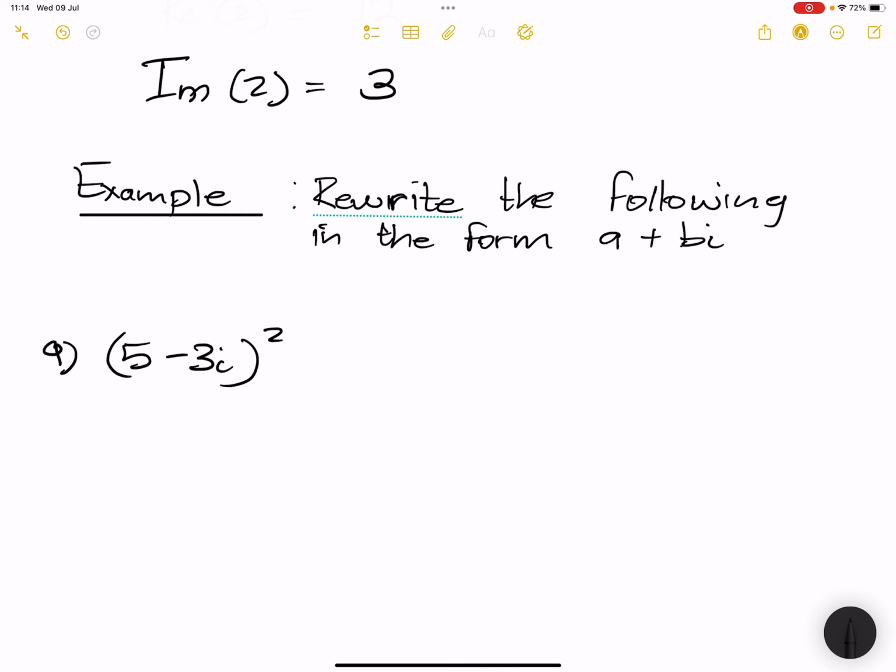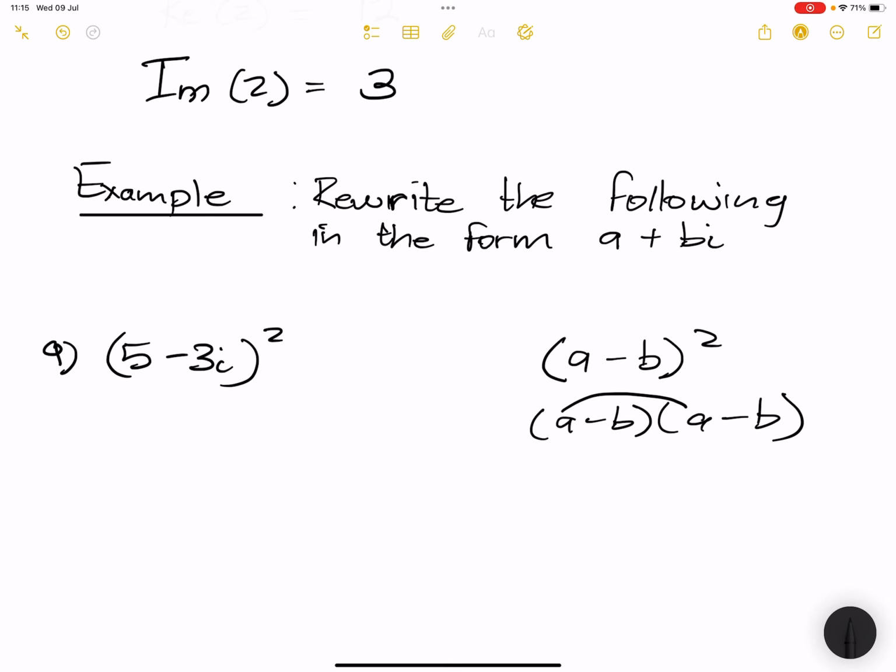Now, that is a complex number, and we've squared it. So we are going to multiply as we normally do when we've got brackets. We know that if I've got a minus b all squared, it becomes a minus b into a minus b. So we're going to use our FOIL method first. First: a times a, that's a squared.